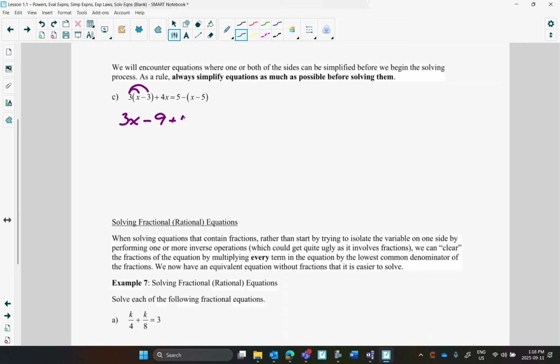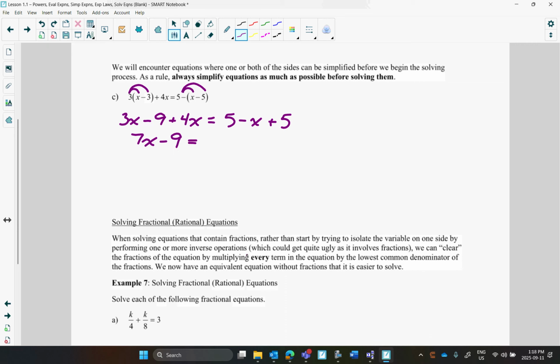I still got 4x on that side, equals 5, and now I have to subtract everything in the parentheses. So minus x plus 5. I can simplify this side first: 7x minus 9.